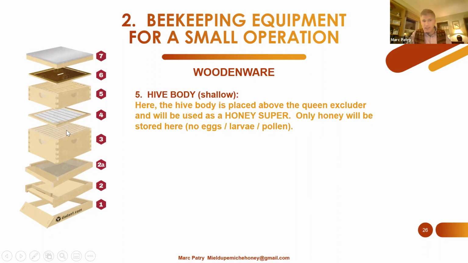That's why you put the queen excluder, because at the end of the summer, when they're full, you'll be taking the frames out and extracting the honey. Honey with larvae in it is not toxic. It's probably even better for your health than pure honey because it's got proteins and whatnot. But if you're planning on selling it to people or giving it away, they probably won't appreciate that kind of stuff in the honey. So that's why we have a queen excluder.